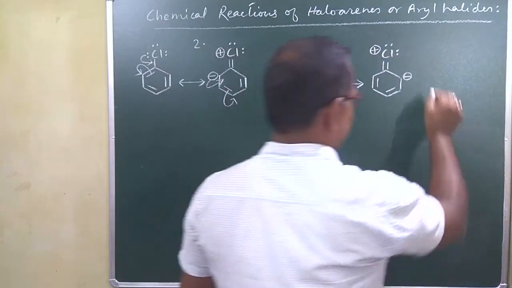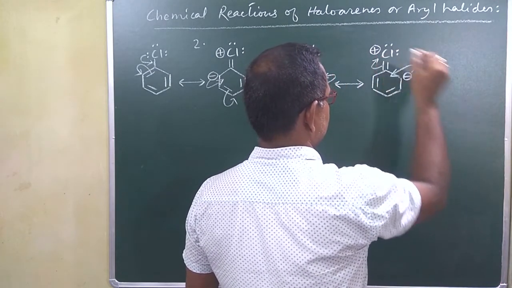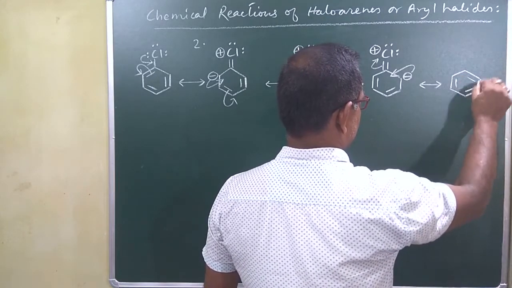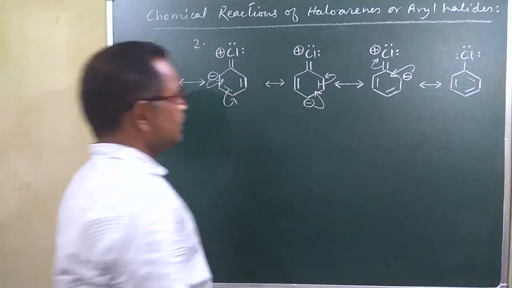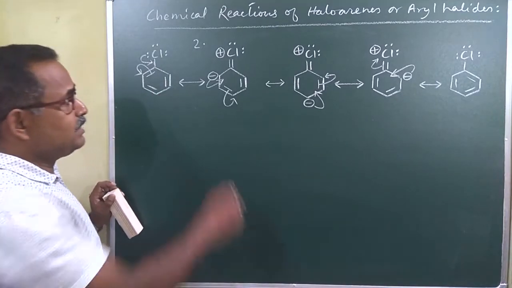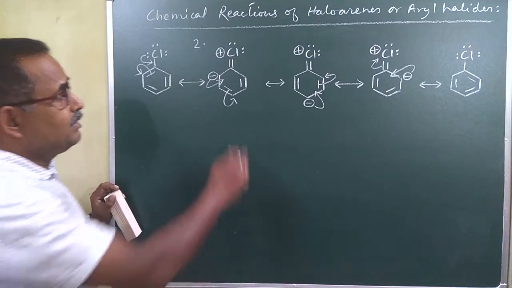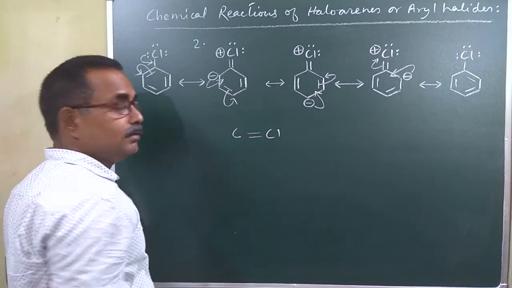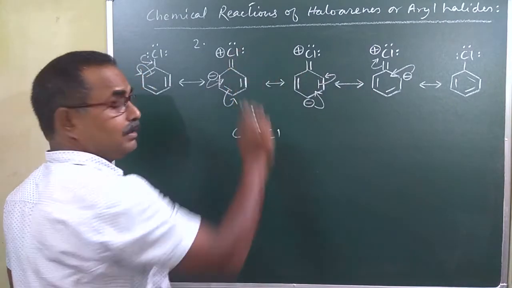Finally, we may have this structure. See, we have taken the example of chlorobenzene. In chlorobenzene, we have 5 resonating structures. Among those 5, 3 structures have a carbon-chlorine double bond. Among the 5 structures, these 3 structures contain a carbon-chlorine double bond.